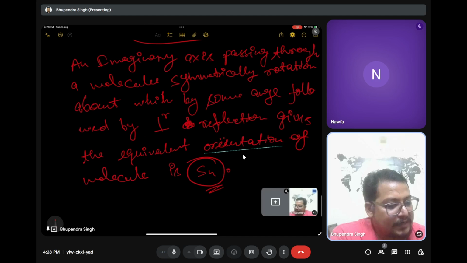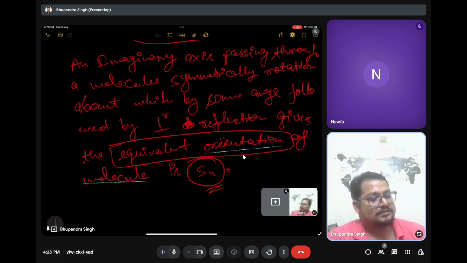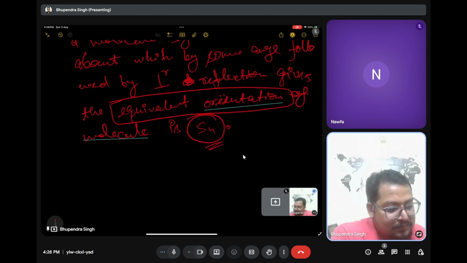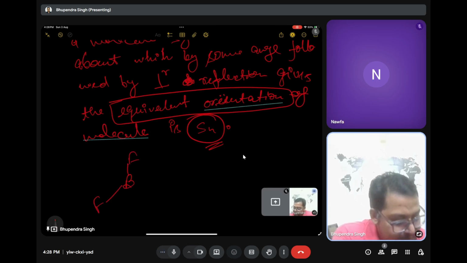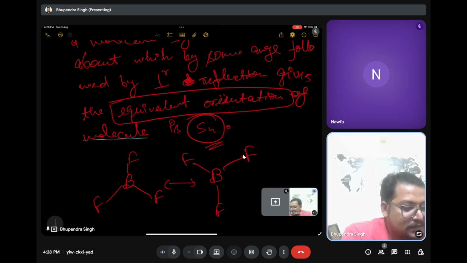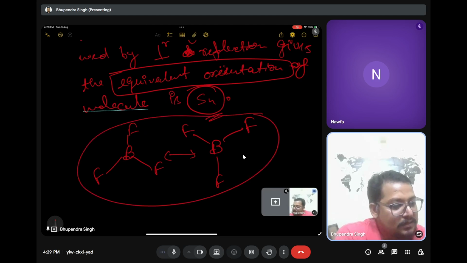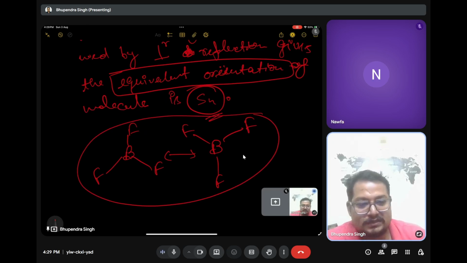So whenever I have said equivalent structure, you should consider this as an equivalent orientation of the molecule, because in chemistry this BF3 structure is actually the same. These are two equivalent structures, but these two are not equivalent orientations. So what I initially said, equivalent structure, I am correcting it now.